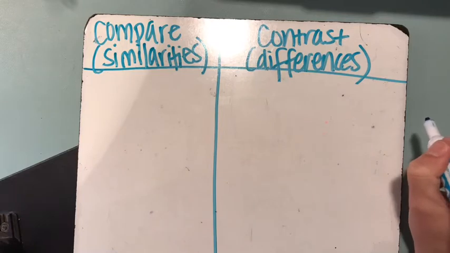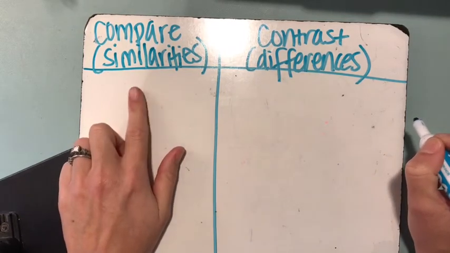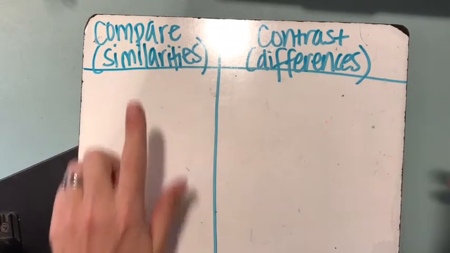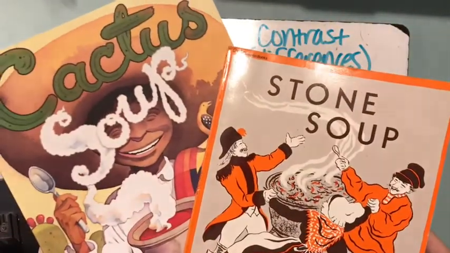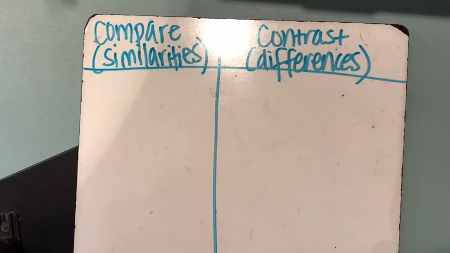All right, so let's look at comparing. Let's look at the similarities between these two books, Stone Soup and Cactus Soup. So I noticed while I was reading, and I'm sure you guys also noticed, that in the story, so now I'm looking at characters. I'm specifically thinking about the characters. There's a similarity in both of these stories, right?